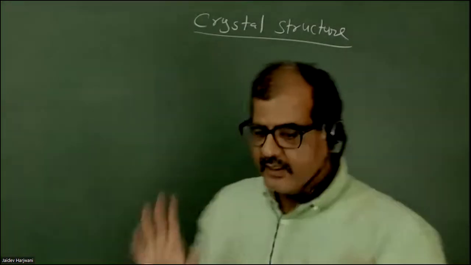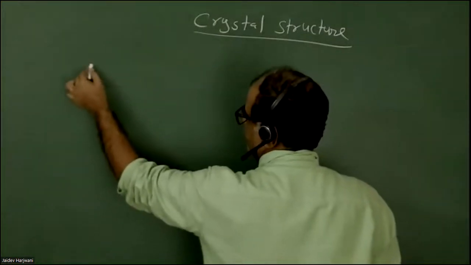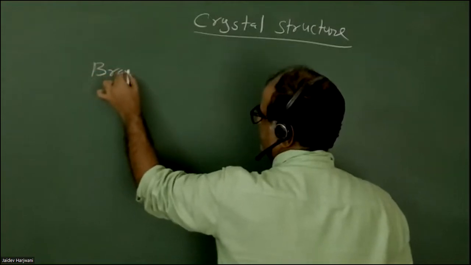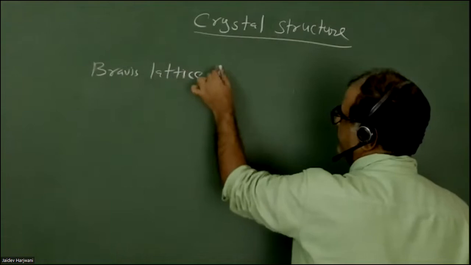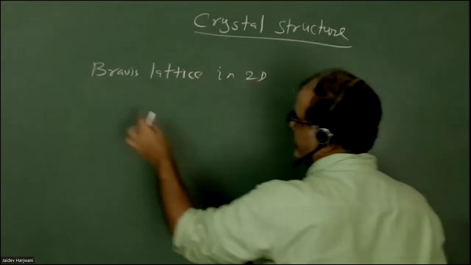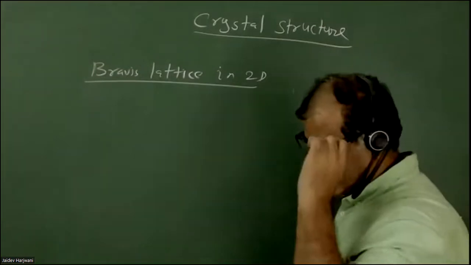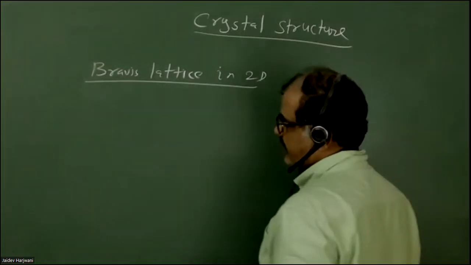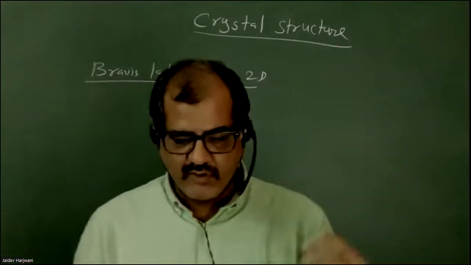So in 2D there are only 5 Bravais lattices. There are only 5 different ways we can arrange the lattice points in 2D. And those 5 Bravais lattices can again be classified into 4 crystal systems.